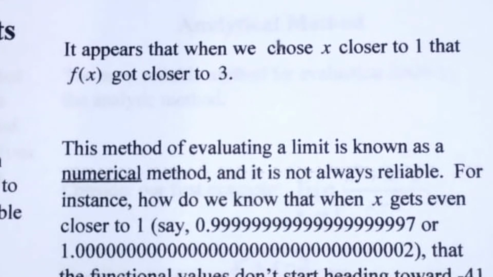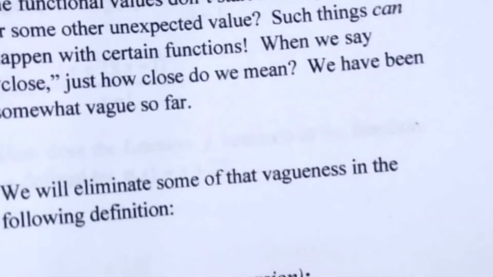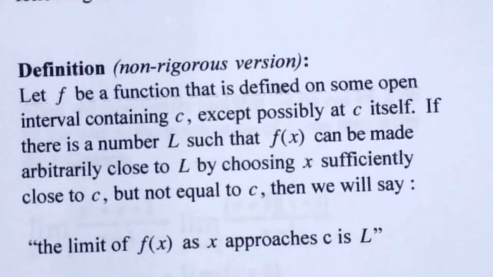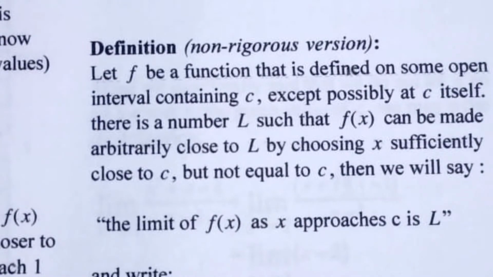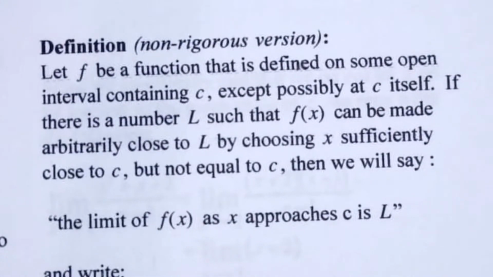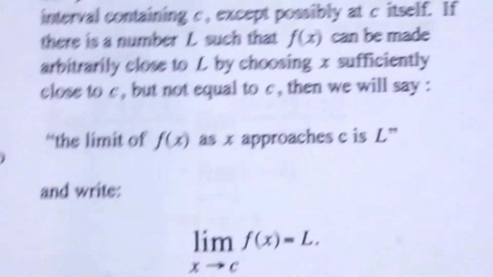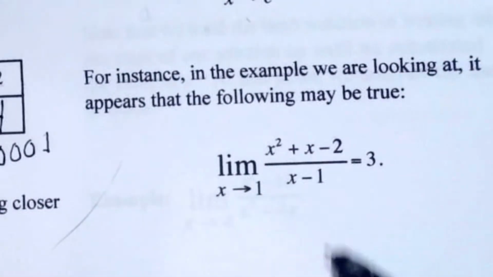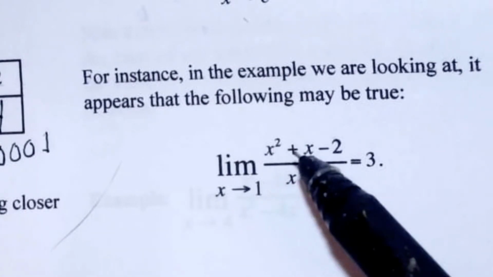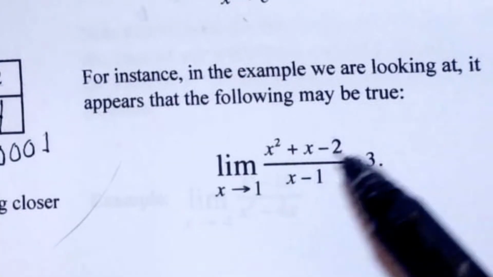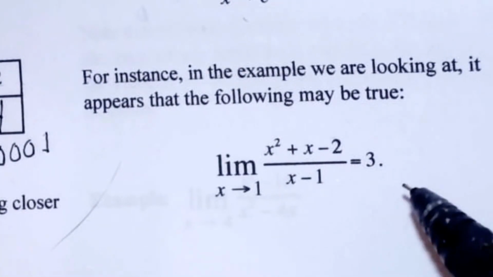So here is a non-rigorous version of the definition of a limit. This is the definition of the limit of f of x as x approaches c is L. In the example that we just looked at, our conjecture was that the limit as x approaches 1 of x squared plus x minus 2 over x minus 1 is equal to 3.